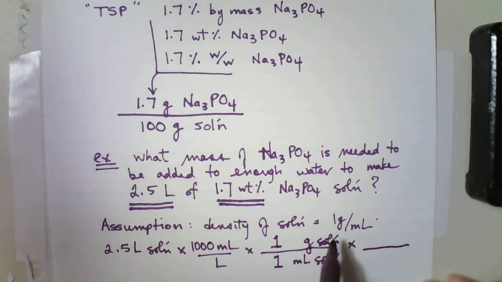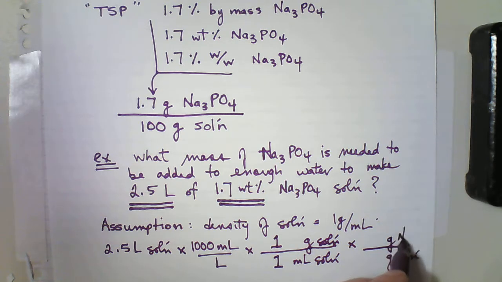And then I want to convert grams of solution to a mass of sodium phosphate. So I'm not turning solution into sodium phosphate, but I'm taking these units and finding the corresponding mass of these units. My conversion factor here is 1.7 per 100 grams.